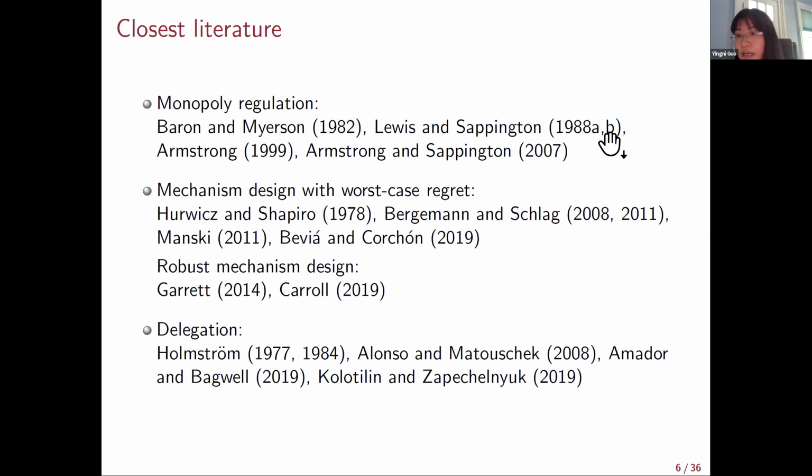This second paper by Lewis and Sappington and this paper by Armstrong assume that there is uncertainty about both the cost and the demand. In their framework, they find that there is overproduction as well under the optimal policy. If we just look at Baron and Myerson and Lewis and Sappington, the first paper, they only have one-dimensional uncertainty, and they don't have overproduction at all in the optimal policy.